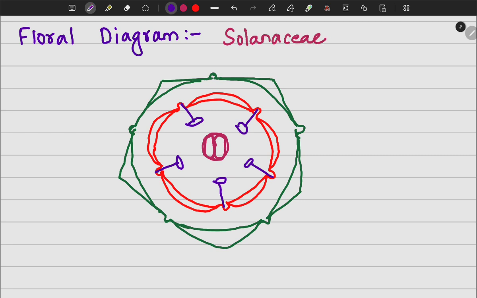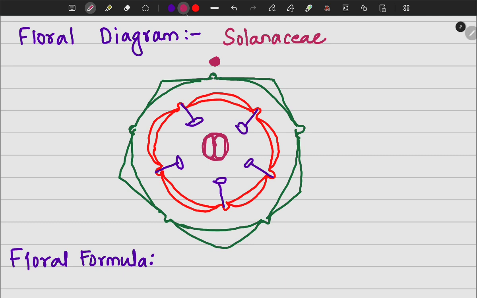Now let us write down the floral formula. And one more thing, in the floral diagram we forgot to draw the mother axis. So the mother axis will be here.